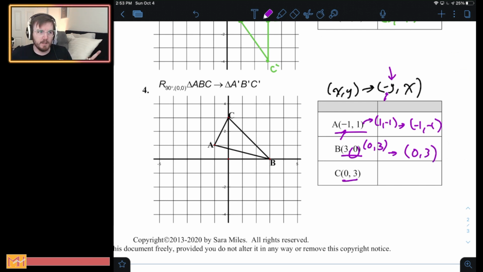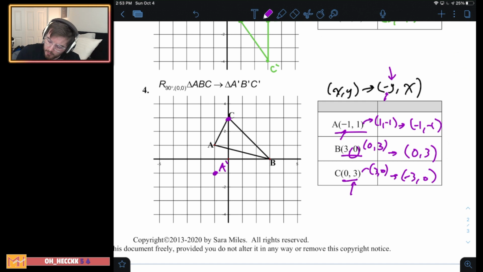And then this last one, they switch places and becomes 3, 0, but the y value gets a negative, so negative 3, 0. So my 3 points are at negative 1, negative 1, A prime, 0, 3, which is B prime, and C is at negative 3, 0, so right there, C prime.